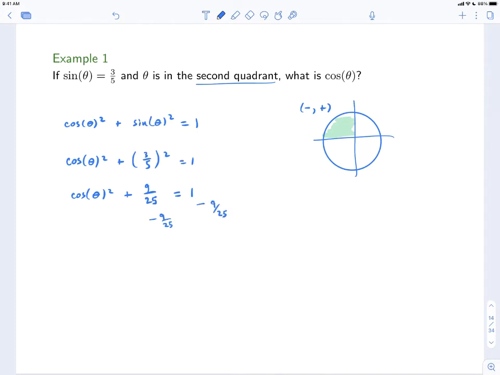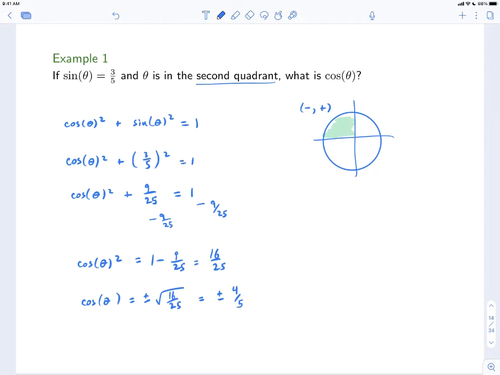And once you do that, you have cosine of theta quantity squared is equal to 1 minus 9 over 25, but that's 16 over 25. So cosine of theta is equal to plus or minus the square root of 16 over 25, which is plus or minus 4/5.